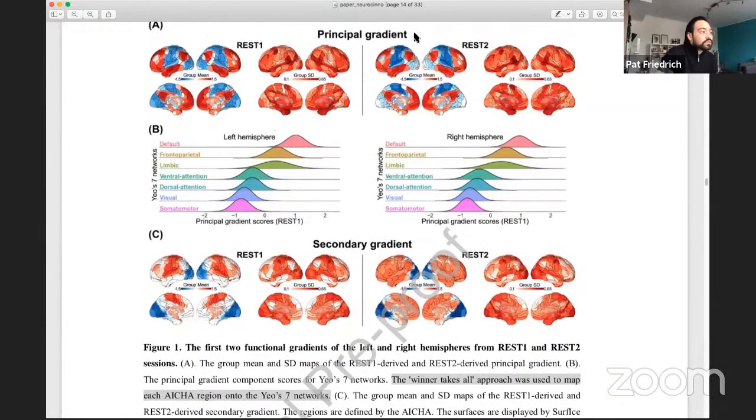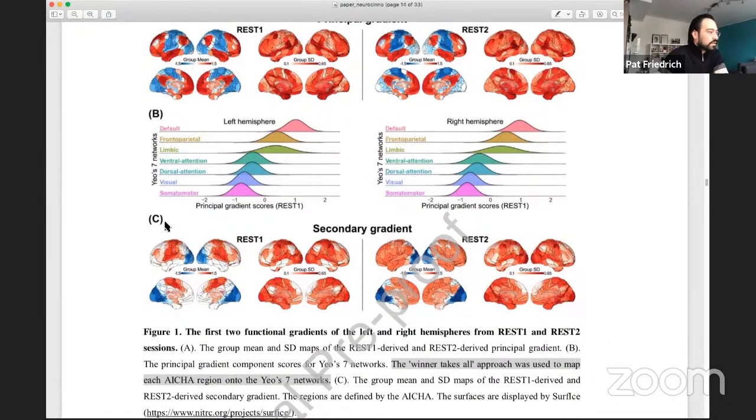So they just focused on the principal gradient, which looks, as I said, quite alike what Margulies showed in his papers. Also, when you look at different functional networks, like the 7 networks defined by Thomas Yeo, it's quite obvious that the default mode network is anchoring the gradient at one end, and visual and somatomotor cortices are anchoring the gradient at the other end, which is quite in line with theory about the gradients.